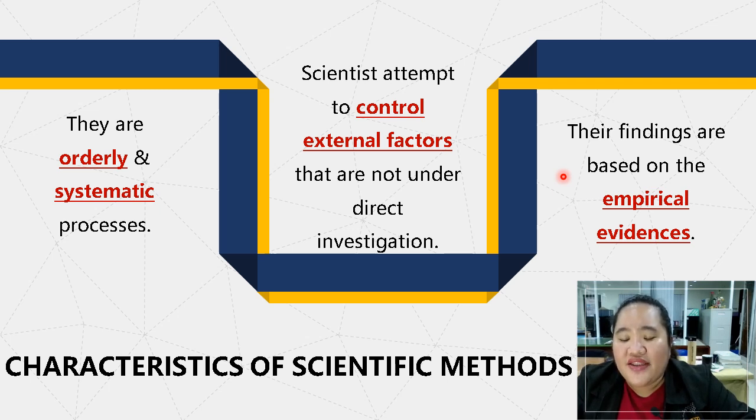Another characteristic is that their findings are based on empirical evidence. When you say empirical, that's factual or true. So in research, class, you cannot tamper with your evidence or your data, because once your research findings are tested by others, they will be refuted or argued against if they are not correct, or if the result of your study is contrary to what they find.